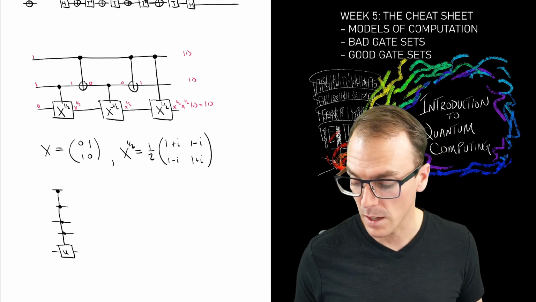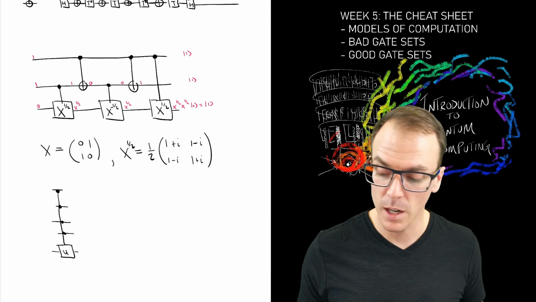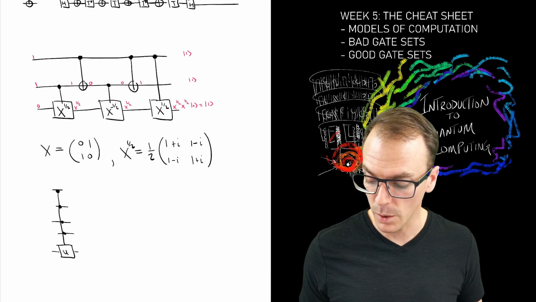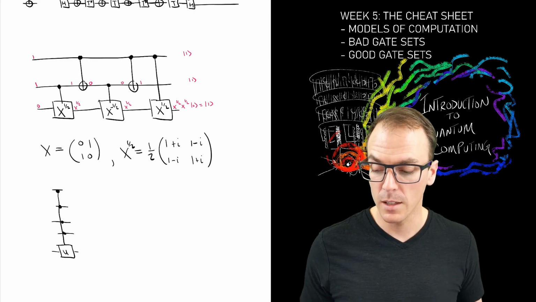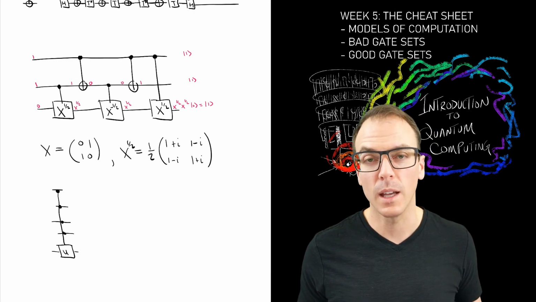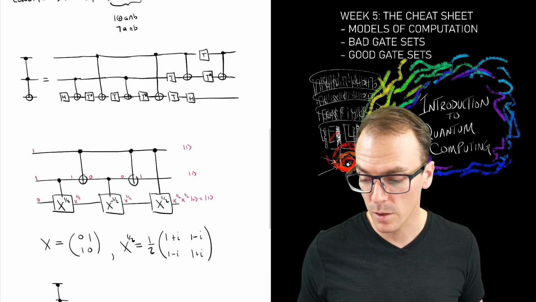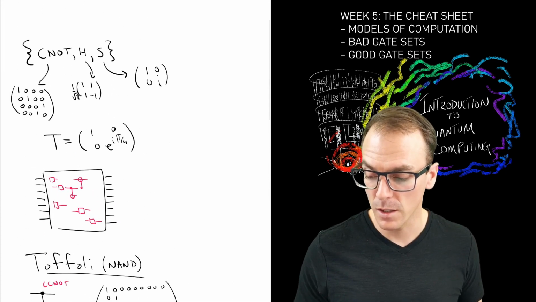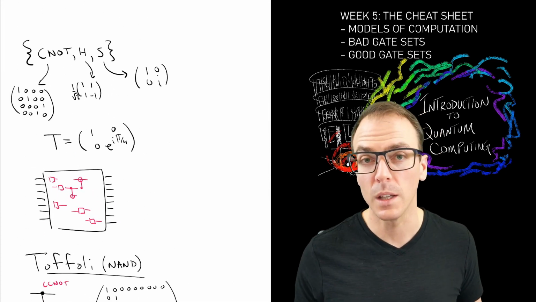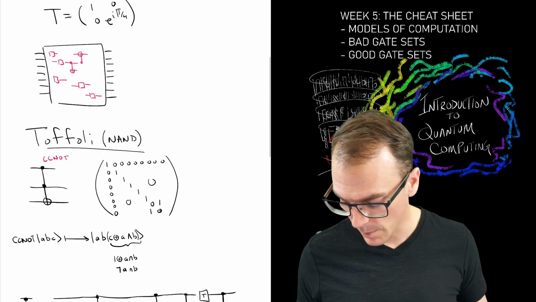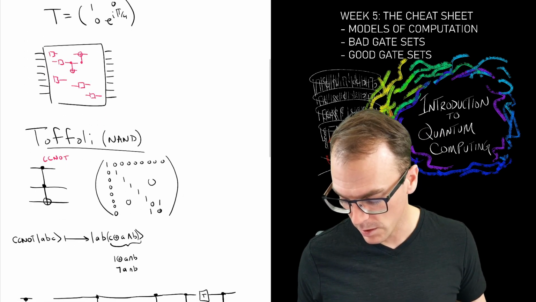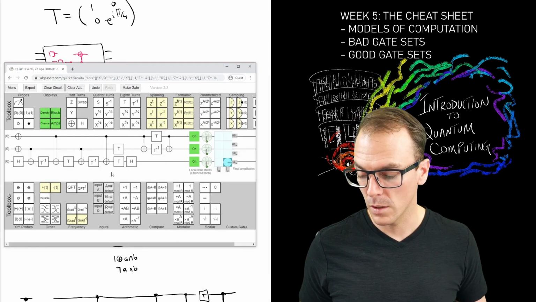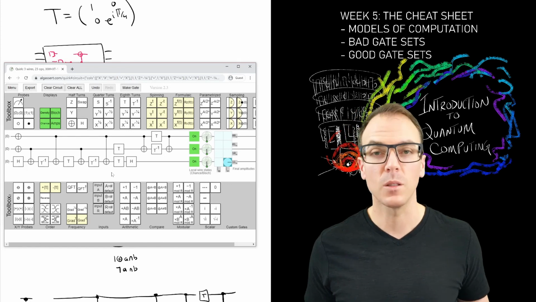So it's a good exercise to try to come up with a similar way to decompose this multi-qubit gate into 1 and 2 qubit gates. And if you're brave enough, you can start to play with trying to get decompositions which use only this gate set here. I recommend you play around with tools such as Quirk to get a feel for how these things work.